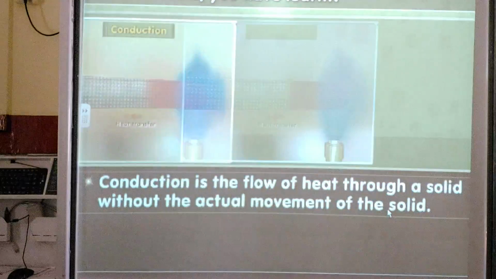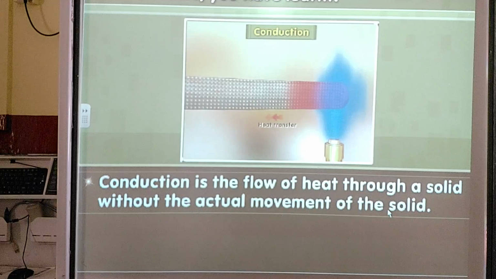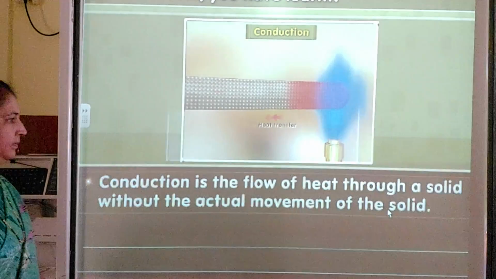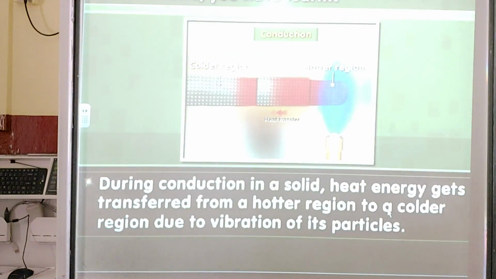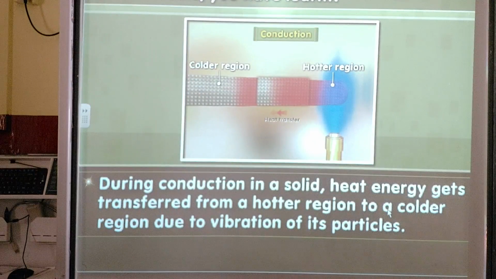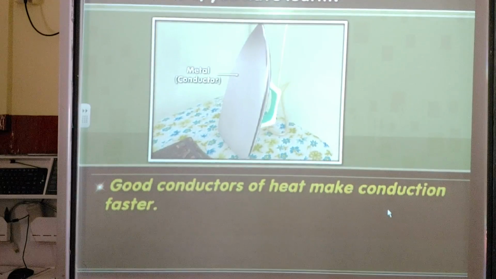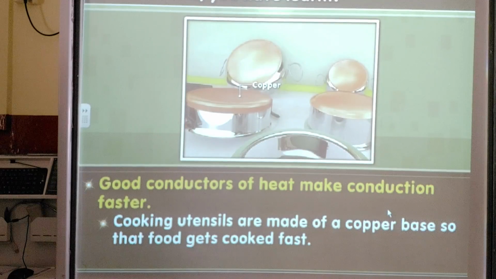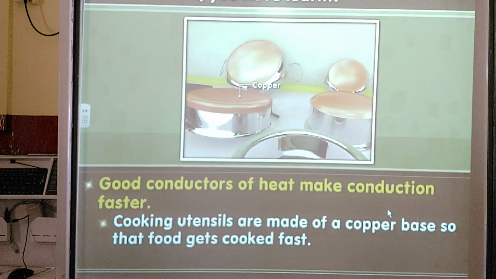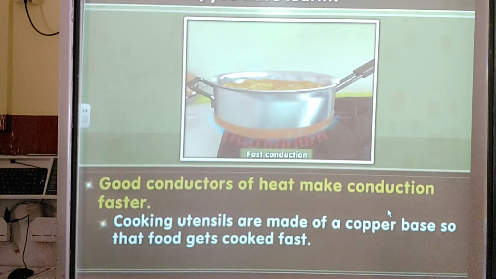In this module you've learnt, conduction is the flow of heat through a solid without the actual movement of the solid. During conduction in a solid, heat energy gets transferred from a hotter region to a colder region due to vibration of its particles. Good conductors of heat make conduction faster. Cooking utensils are made of a copper plate so that food gets cooked fast.